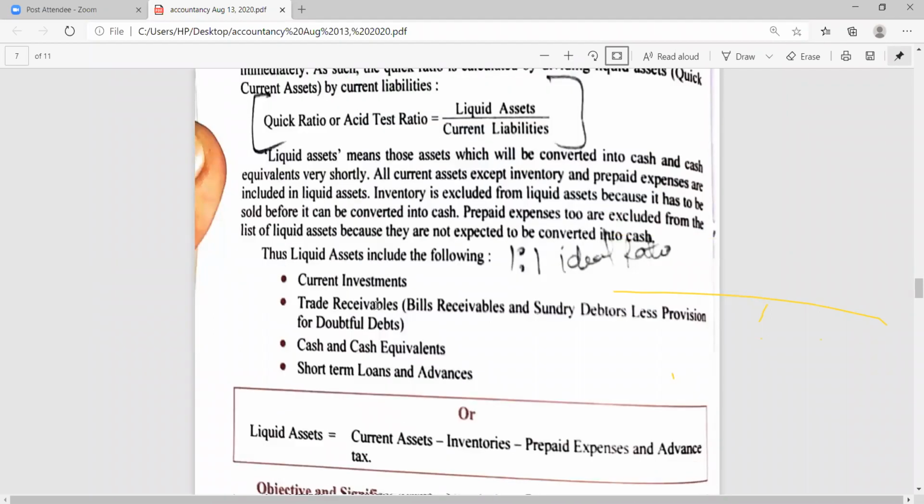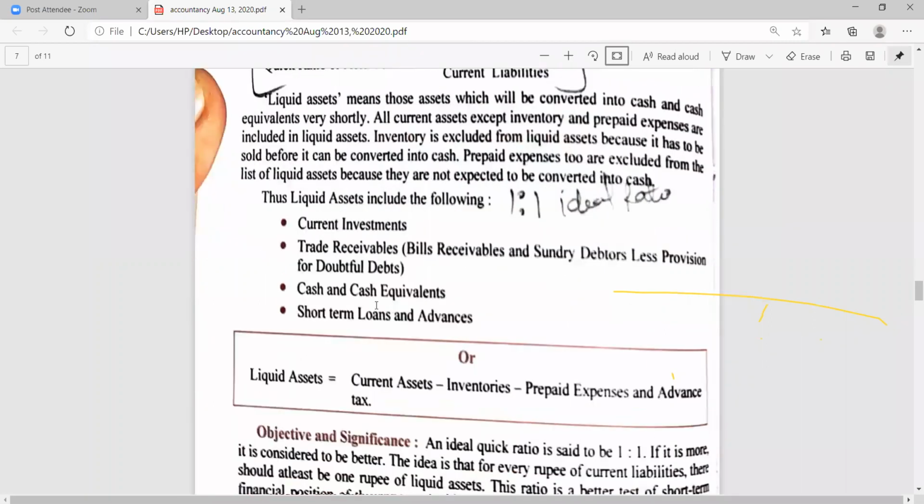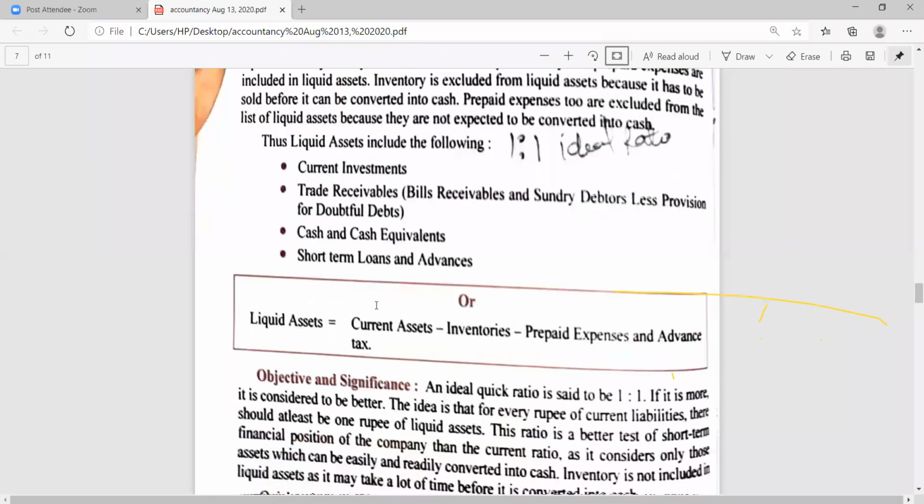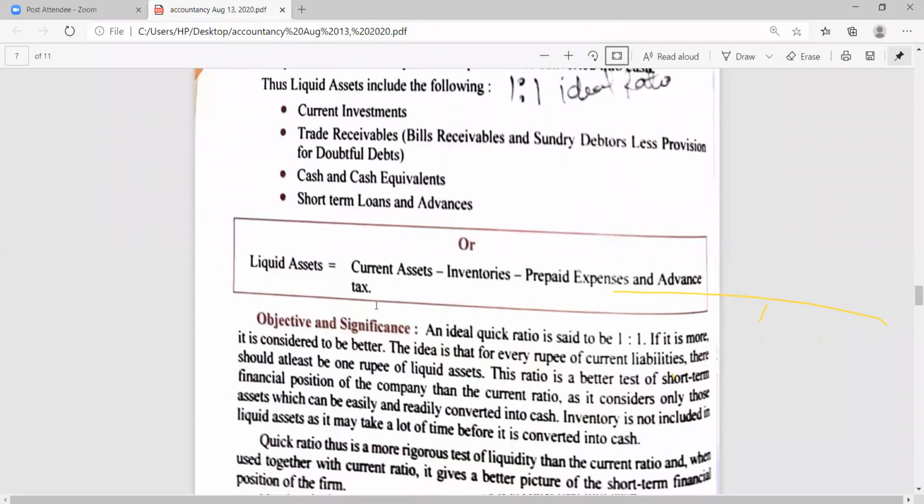In that, trade receivables are bills receivable, debtors less provision, as you did in the previous one. Cash and equivalent to cash, short-term loans and advances. But suppose current assets are given to you in total, then you have to deduct the inventories and prepaid expense out of that, and you will get your liquid assets out of current assets.